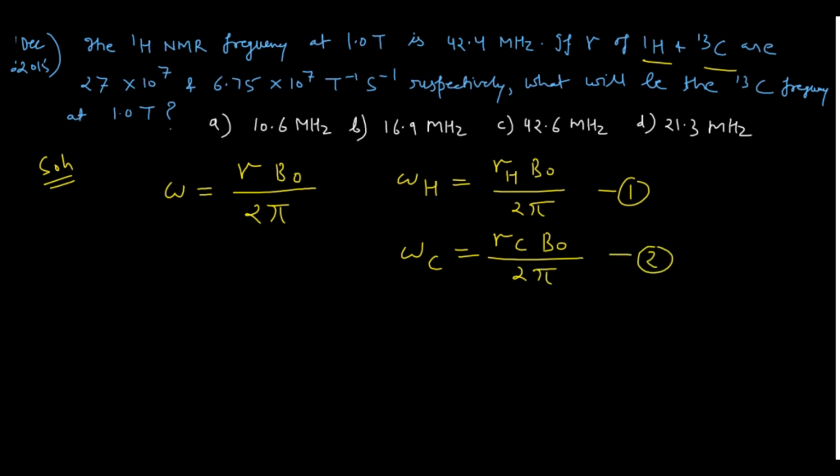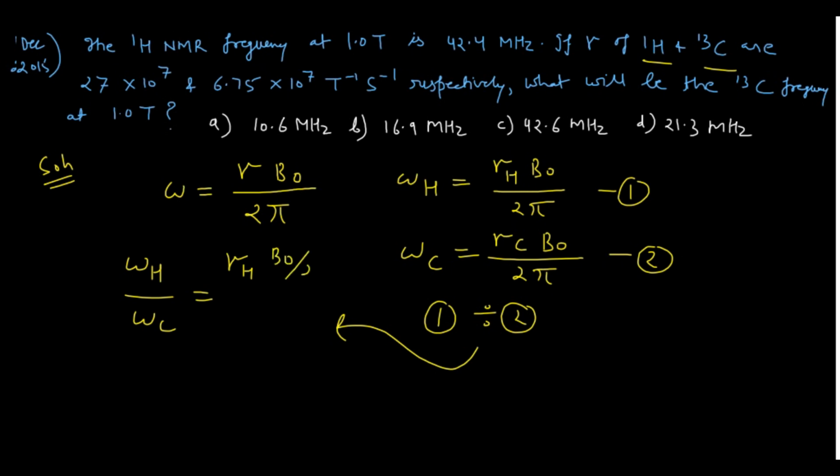So what you can do is divide equation 1 by equation 2. When you do that, you have omega H divided by omega C equals gamma H B0 divided by 2 pi, divided by gamma C B0 divided by 2 pi.